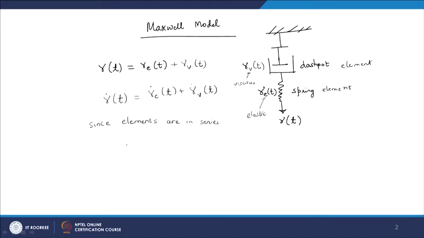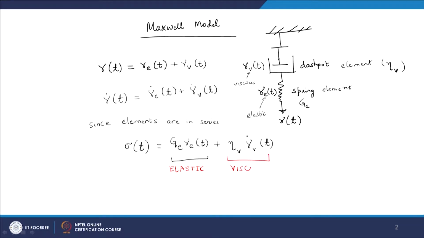So, in that case, this sigma, which will be a function of t, will be some modulus of the spring element multiplied with gamma E of t plus some viscosity of the viscous element multiplied with gamma V dot of t, and therefore, we have essentially an elastic contribution and a viscous contribution, and therefore, this model captures the viscoelasticity of the polymer.